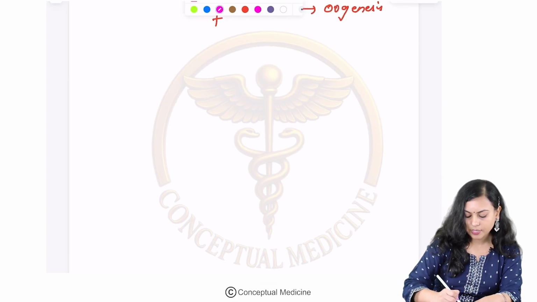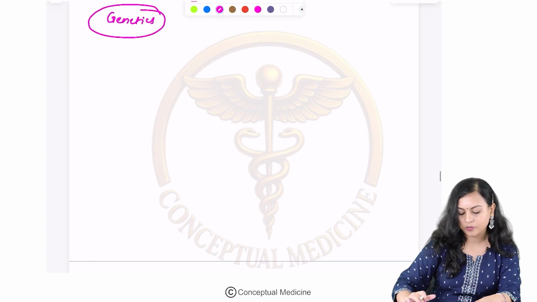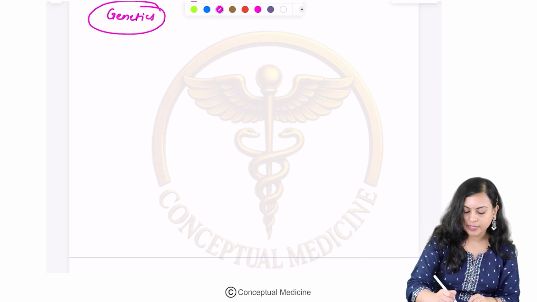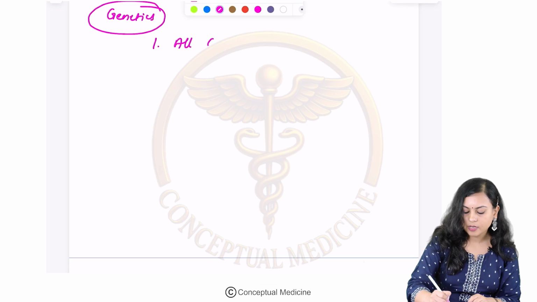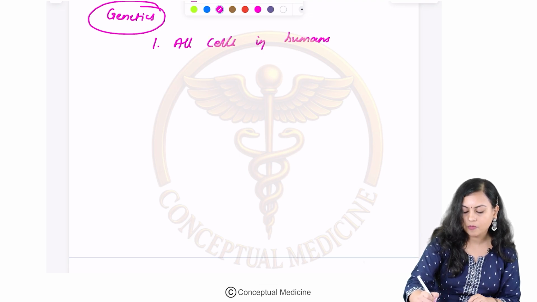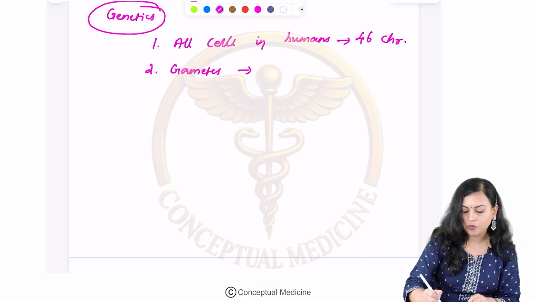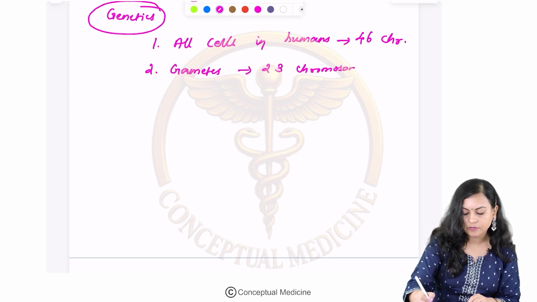Now, I need to tell you some basics of genetics before we start the actual process of gametogenesis. Generally, all cells in human beings have 46 chromosomes, whereas the gametes alone will have 23 chromosomes.